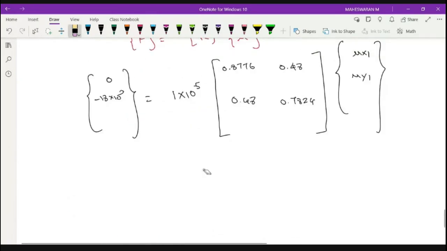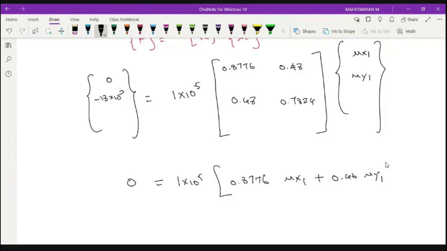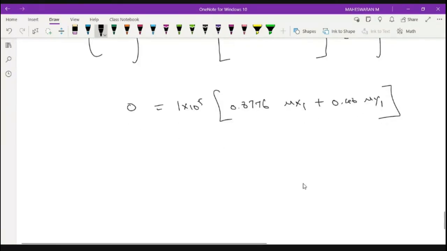Okay, right. Now we got this equation. The only thing is I have to solve this equation. So let me simplify this. 0 is equal to 1 into 10 power 5 times 0.8776 ux1 plus 0.48 uy1. Which means ux1 is equal to minus 0.48 divided by 0.8776 uy1.